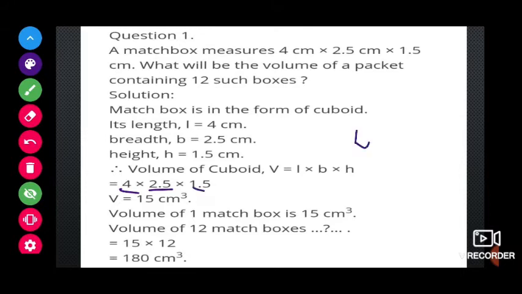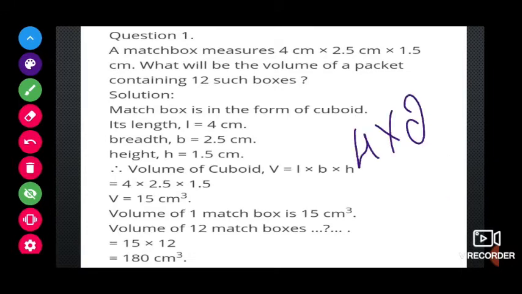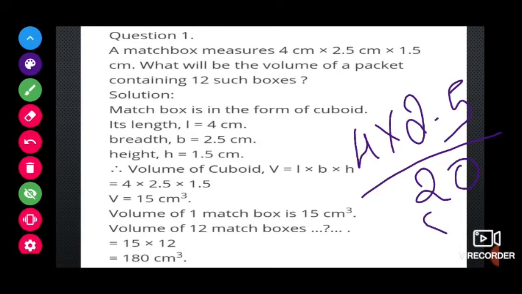Now if you multiply 4 into 2.5, 5 fours are 20, 2 fours are 8.